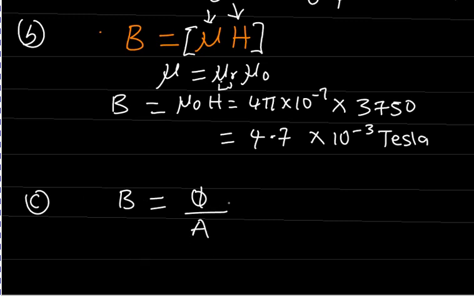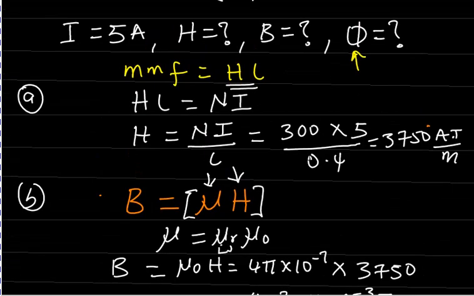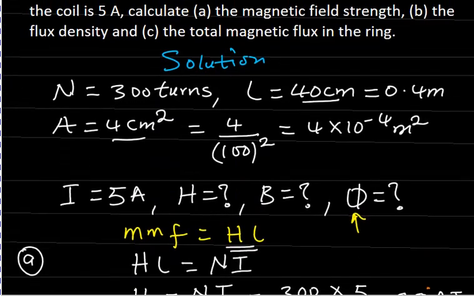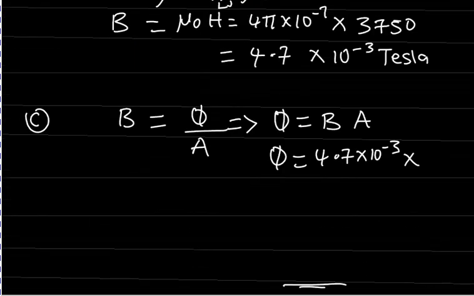If I cross multiply, flux will be equal to B multiplied by A. So magnetic flux is 4.7 times 10 raised to the power minus 3 times the area. The area is 4 cm squared, which is 4 times 10 raised to the power minus 4.